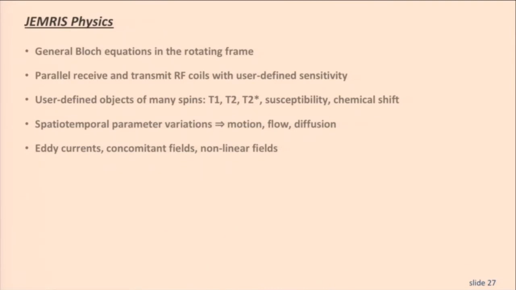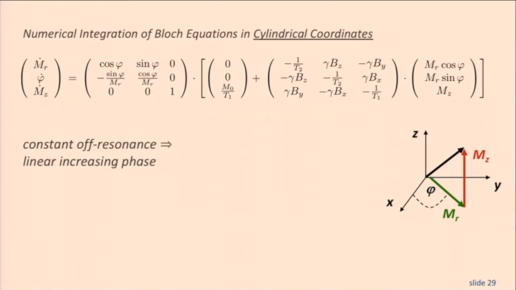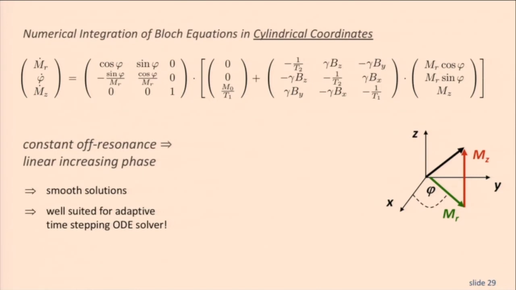So with respect to the physics, what is covered, as I said, is solving the general Bloch equations numerically in the rotating frame. This is actually best done in cylindrical coordinates, for the reason that if we simulate off-resonances with an adaptive step size integrator, we typically would like to have smooth solutions, which allows using large steps.